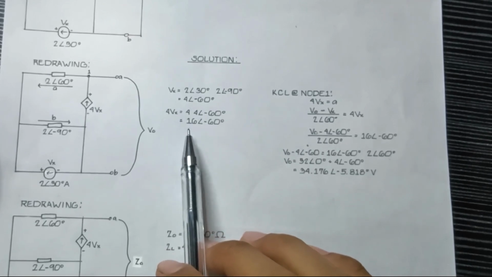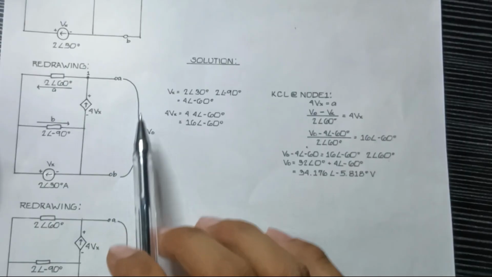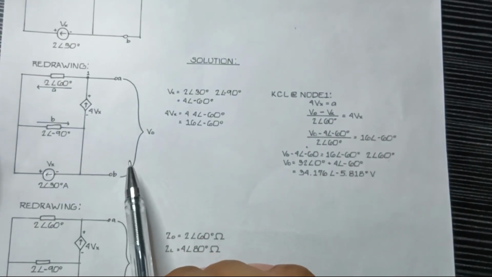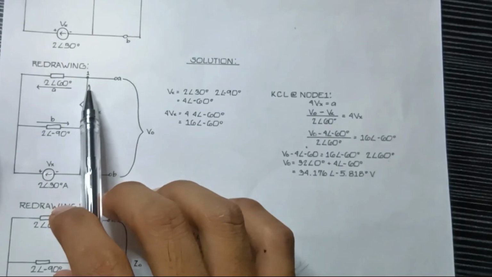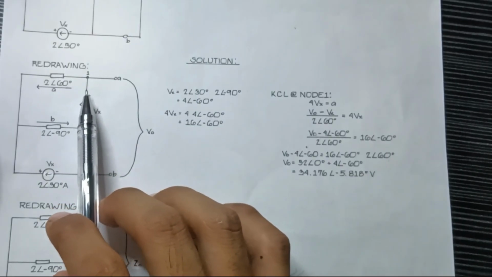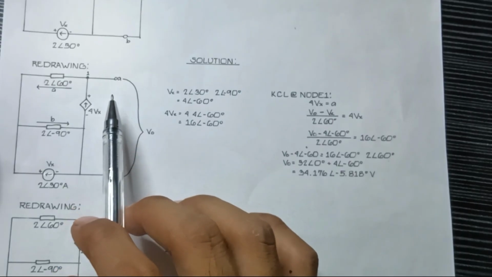After getting the value for our dependent source, we must now obtain the value for our open circuit voltage. To achieve that, we must use nodal analysis at node 1, which is here. In nodal analysis, the currents going in equal the currents going out.